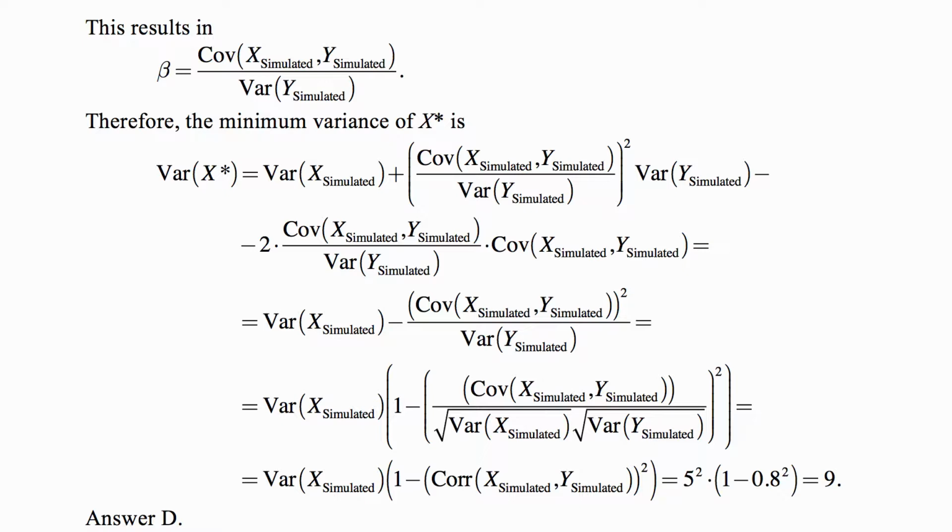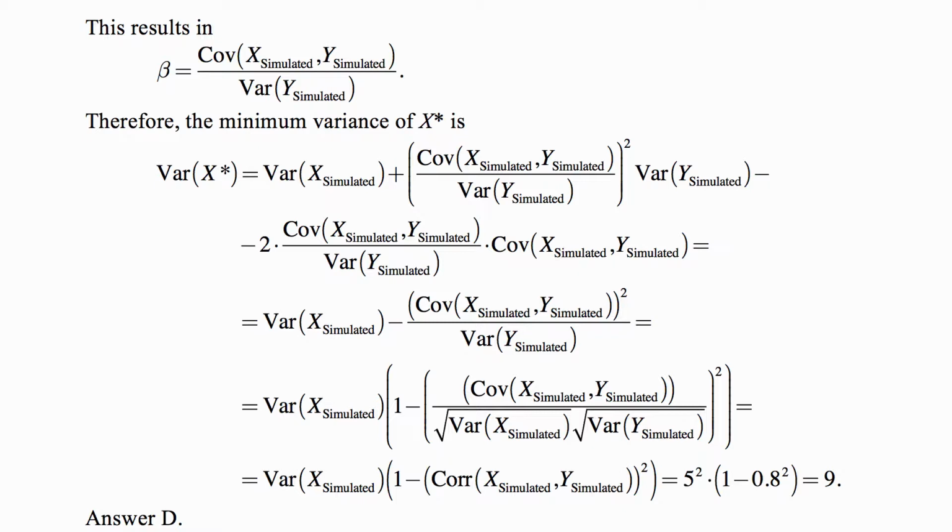The minimum variance of X star, which is what the question asks, is what we get when we plug this value of beta into the formula for the variance of X star. So we plug it in, and we get the variance of X simulated minus the covariance of X simulated and Y simulated squared divided by the variance of Y simulated.